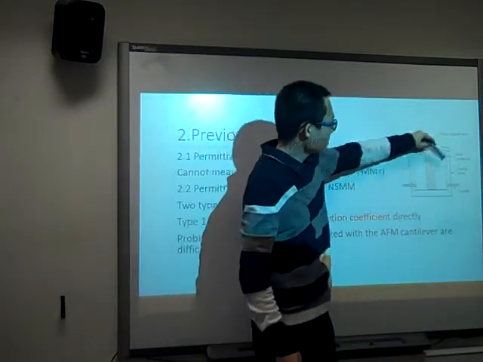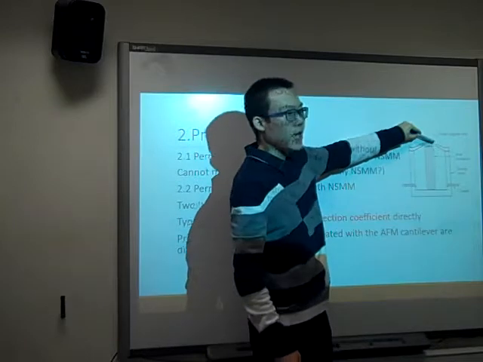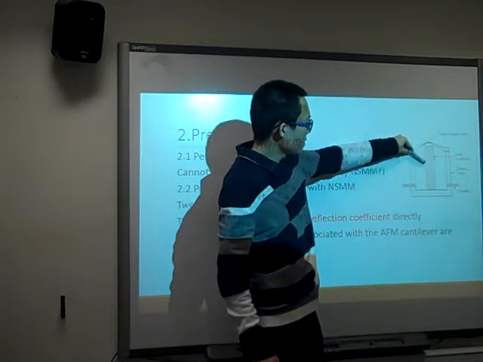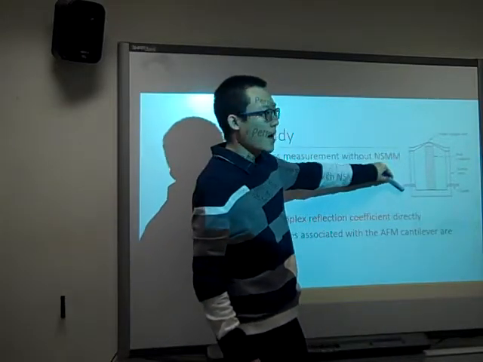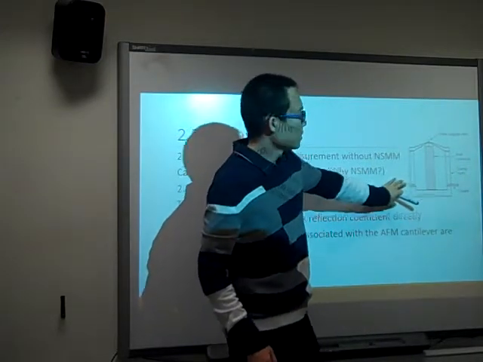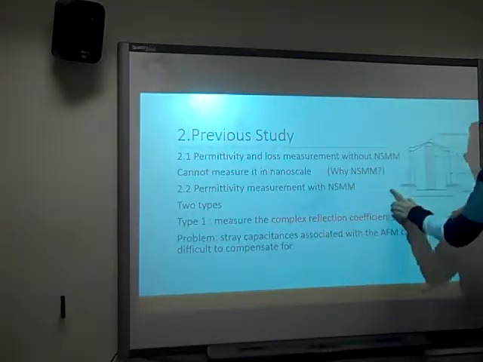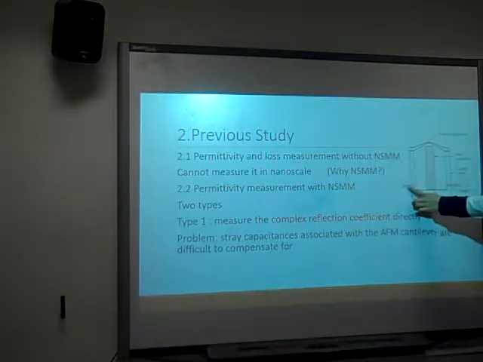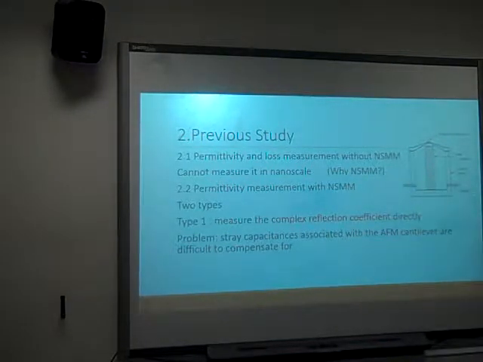Well, light goes through from the coupler, and then there is a reflection to another coupler, and maybe we can see the receiver. Here the microwave is a receiver, and here the microwave is generated as a transmitter.